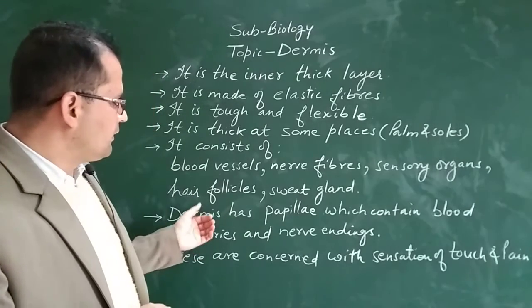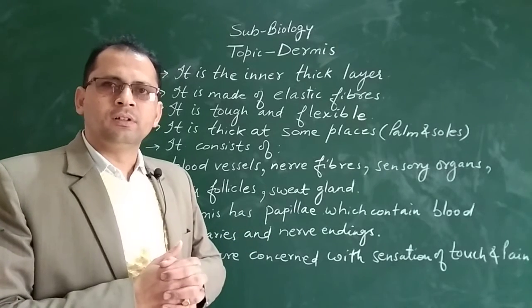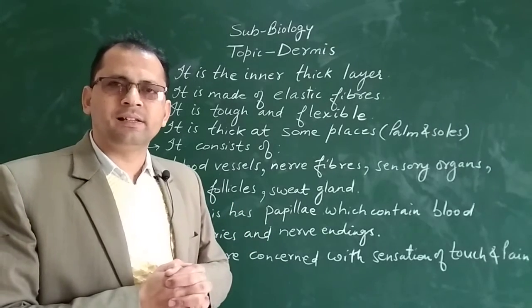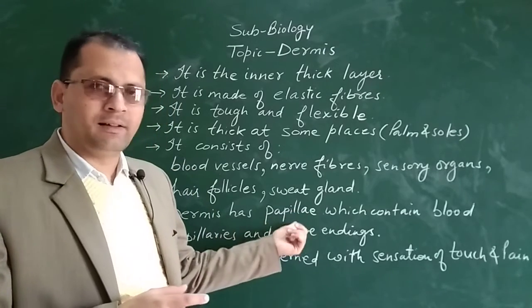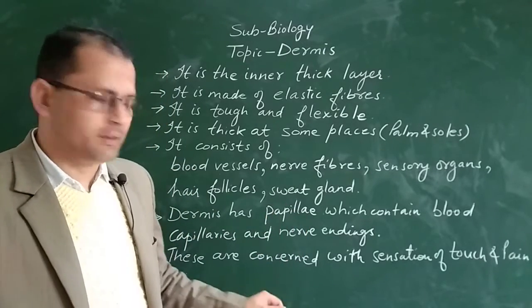Next, the dermis has some outer projections. Numerous outer projections are there in the dermis layer which are known as papillae. Again I am repeating because the word papillae is very important.